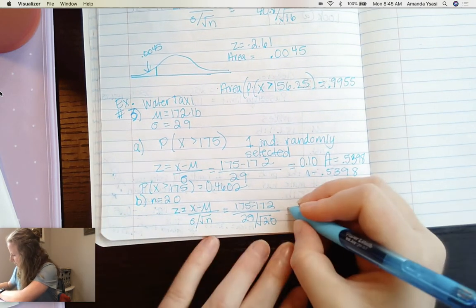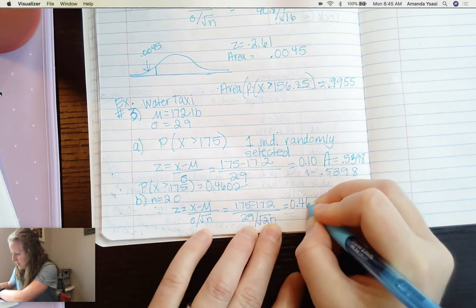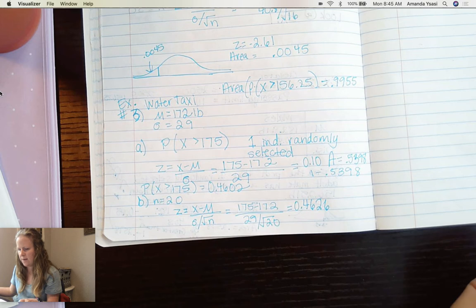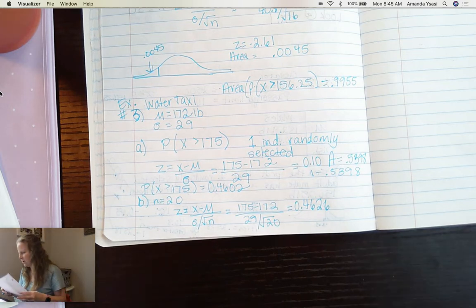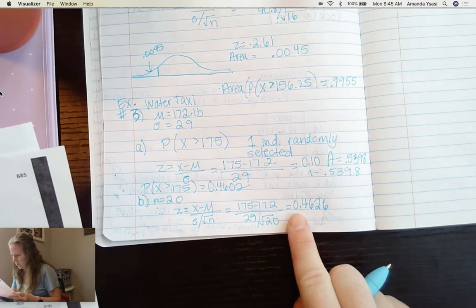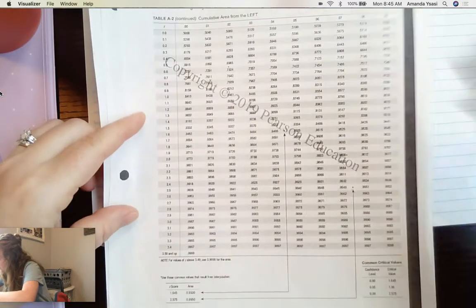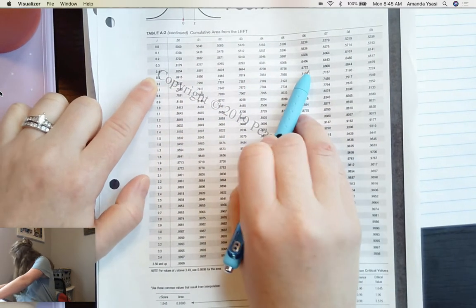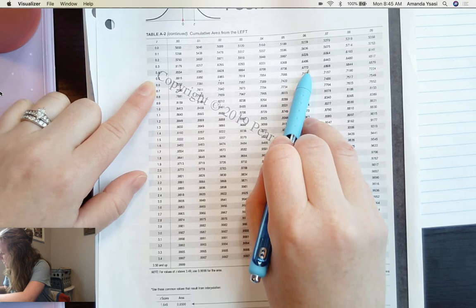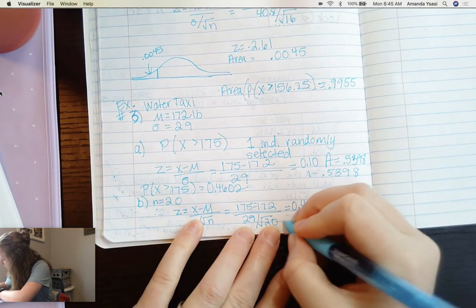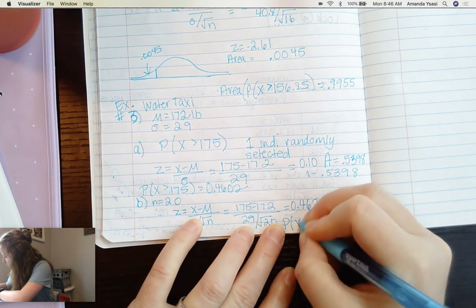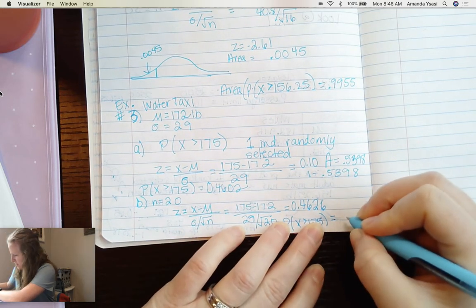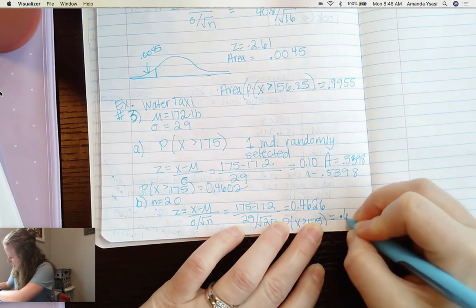Okay, so whenever we put that in, 0.4626. And then if we look at our chart, 0.6772. So our probability that x is greater than 175 when n is 20 is 0.6772.